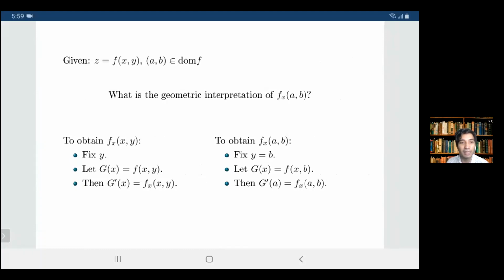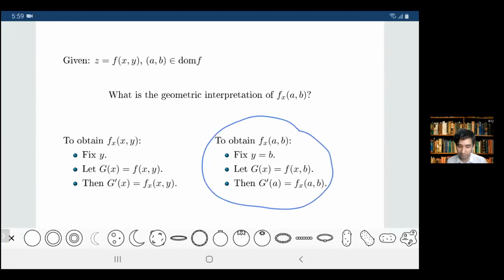Now, this is still an algebraic process, right? So for these steps, we will look at what each one looks like geometrically, one by one. So this is the process, so let's look at it geometrically now.